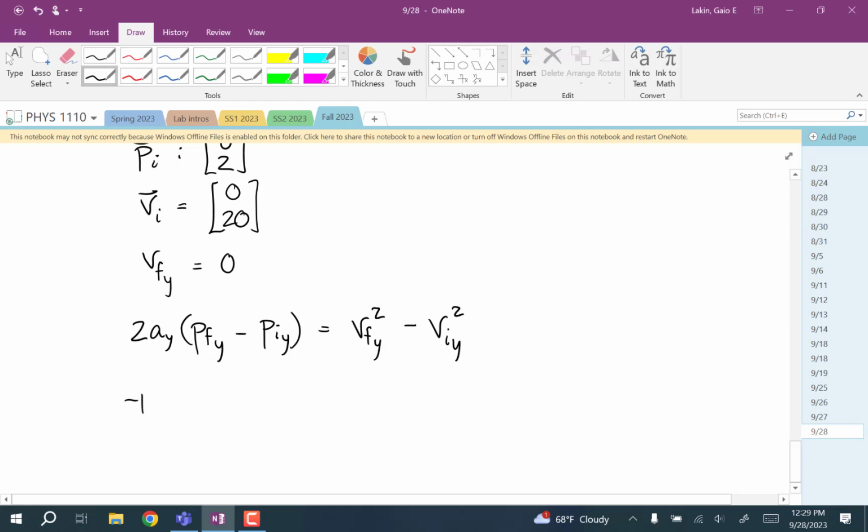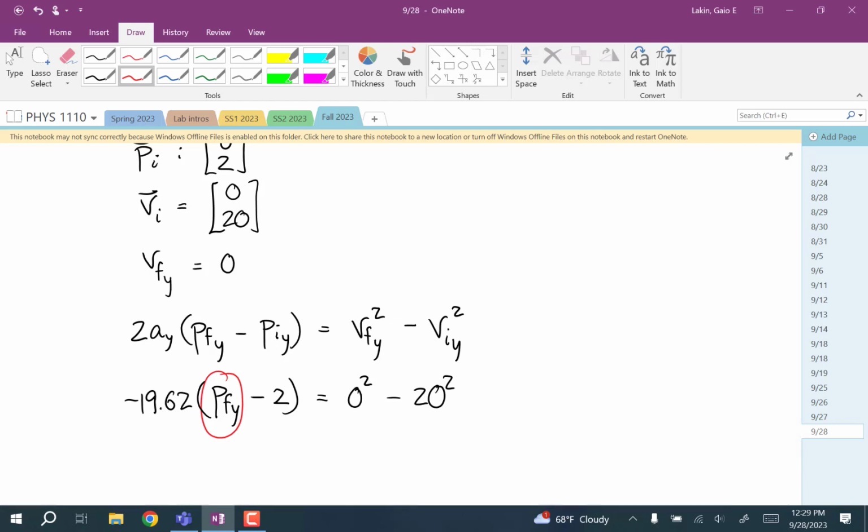So you got negative 19.62 times the quantity PFY minus 2 is equal to 0 squared minus 20 squared. And you can see you're just solving for this exactly the same as you did in the 1D case. So you can always use a 2D approach and it'll reduce to a 1D problem if it's a 1D motion.